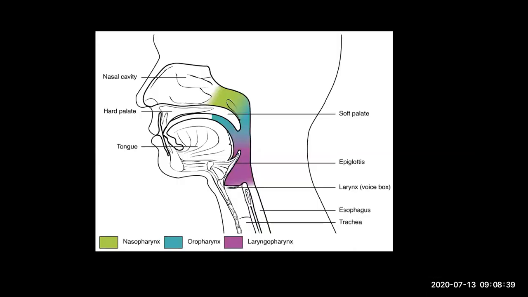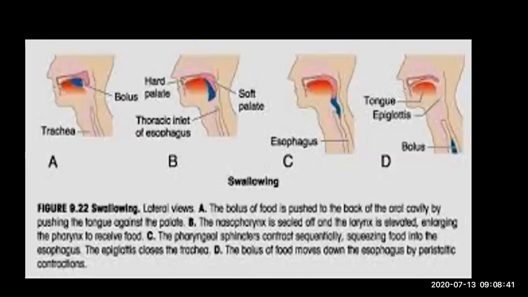If you look at the swallowing process, the next topic is swallowing and peristalsis, but this diagram is not a bit clear. I will take another diagram, but this blue thing is actually the bolus passing from the oral cavity, and as a result, the soft palate is moving upward, and the bolus is entering into the pharynx and then entering into the esophagus, where the epiglottis is closing the glottis.